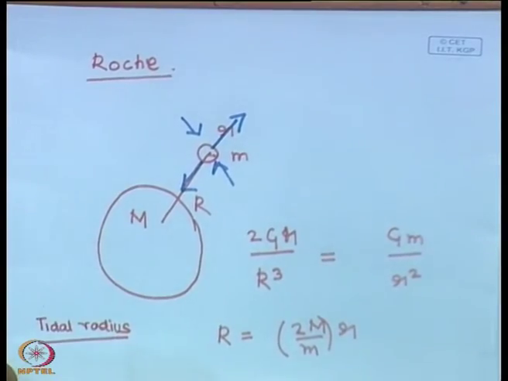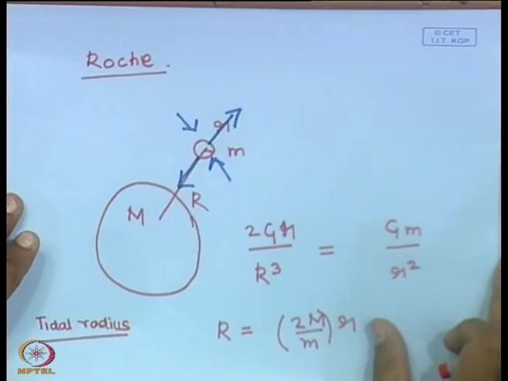So, Roche was investigating the possibility that these planets could have had satellites which came closer than the tidal radius, and these satellites got disrupted because of the tidal force, and then the small debris collided and formed these rings. The particles in the ring are of the order of centimeters to decimeters.